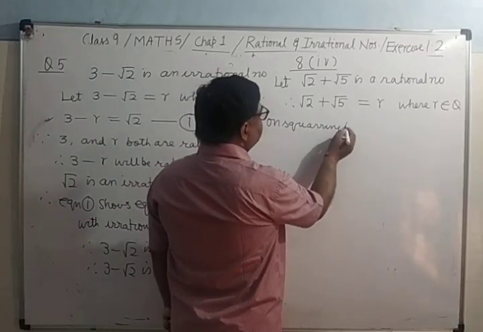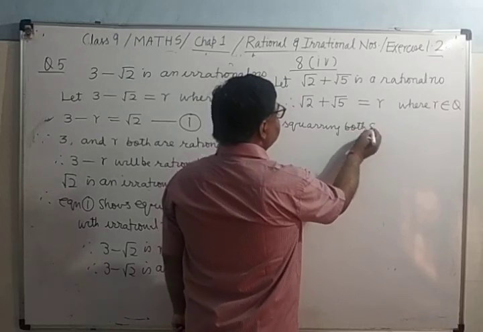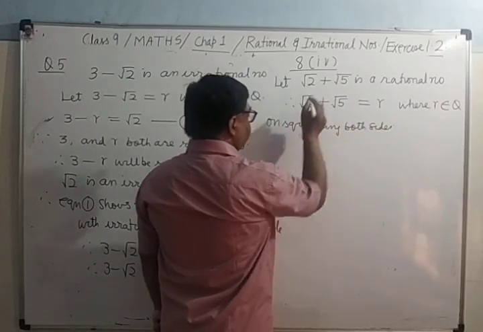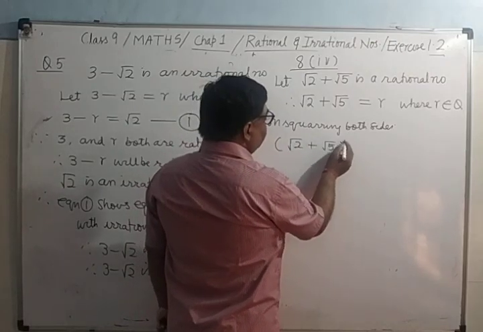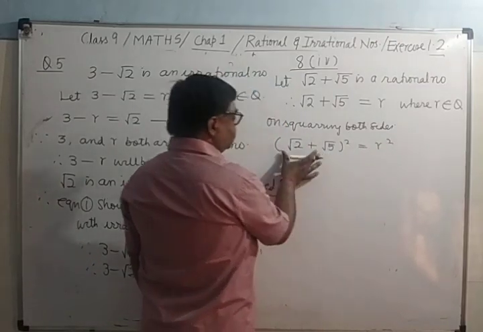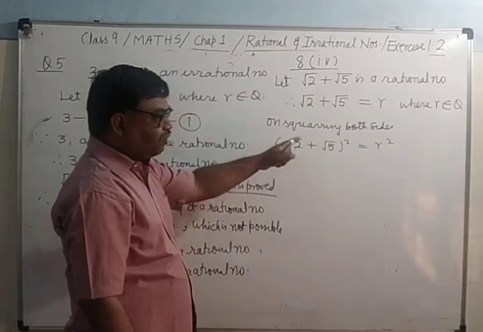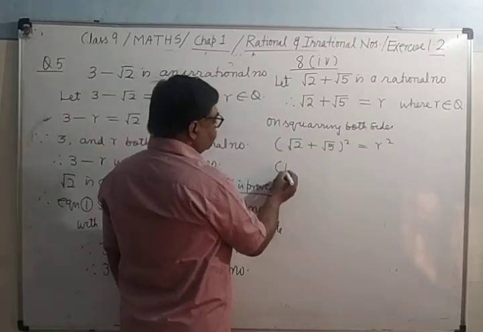Squaring both sides, when you square, the whole square equals r square. This square can be opened by using the formula (a plus b) whole square.